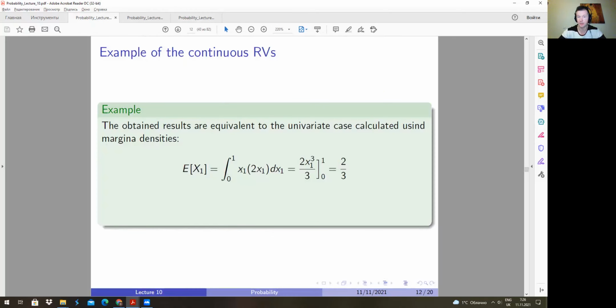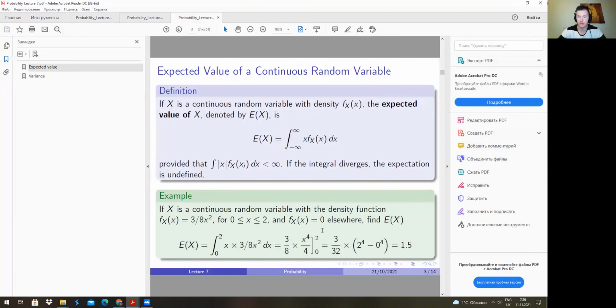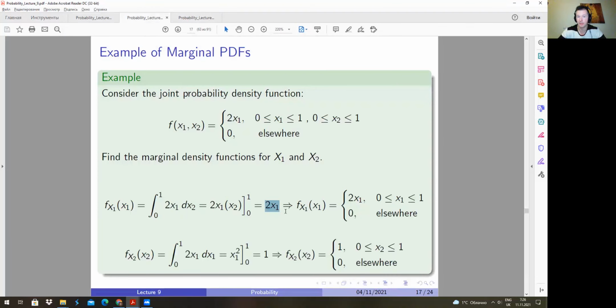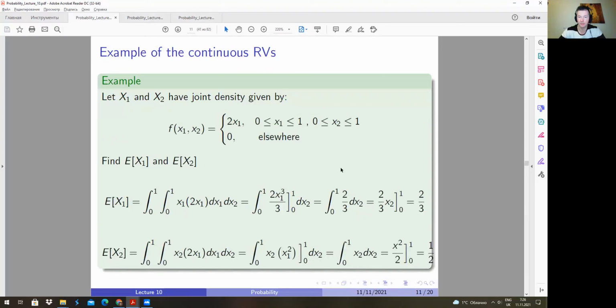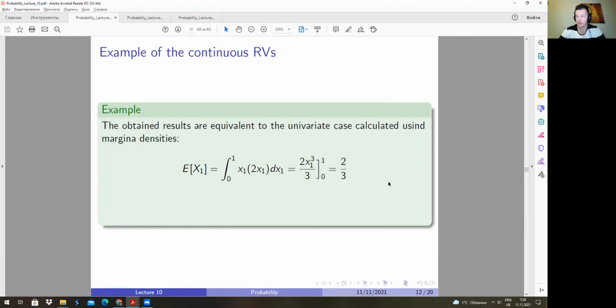This is the integral of x1 times the marginal density, so it's not a double integral now. It's just an integral over x1, and here 2x1 means just the marginal density of x1. So they match with the joint density. You see how simple it is. It's much simpler than doing this double integration, but finally the result is the same.